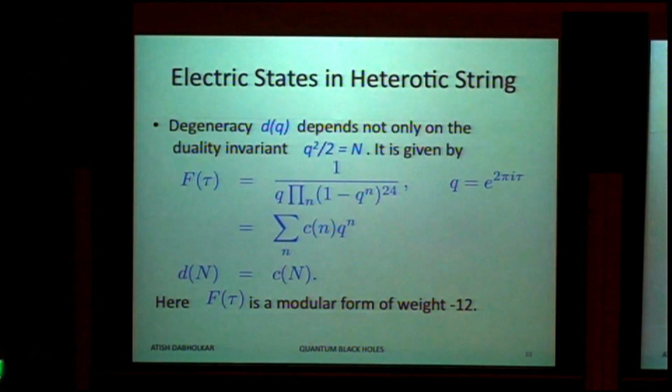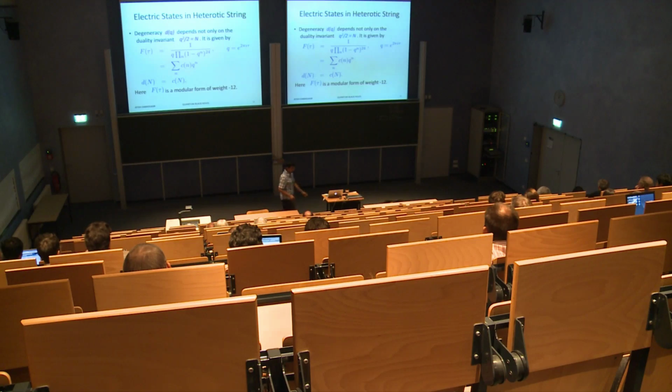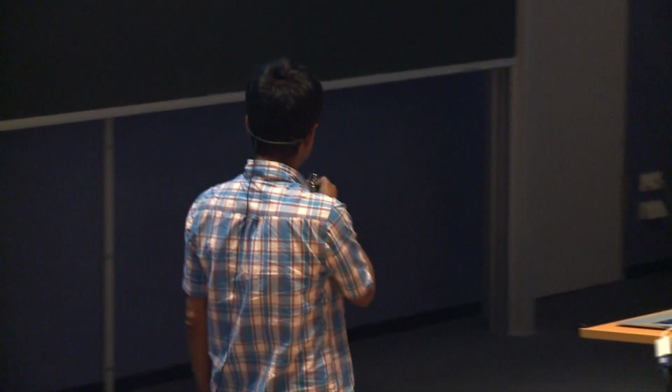So tau you can think of as some kind of a chemical potential for n, and now you can put it on a computer and expand it in terms of q to the n. It's just a Fourier expansion. And then the degeneracy that we are interested in, the physical degeneracy, is related to this number c of n. So it's a completely simple algorithmic thing that you can just calculate on a computer.